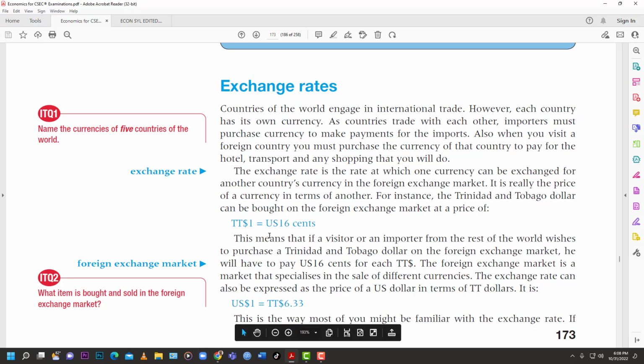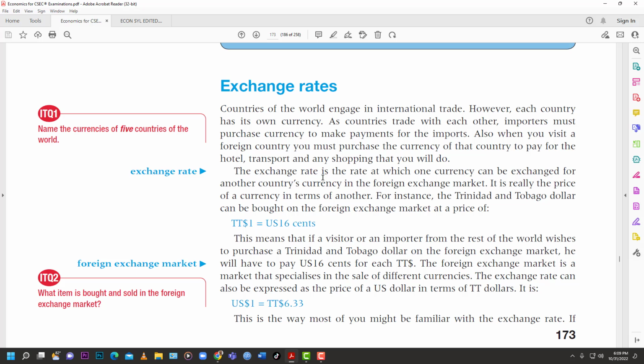Like right here where I live, we don't really accept TT or Jamaican or Bahamian dollars. It's either US, Canadian, pounds, euros, right? And so you have to go and buy the currency that you require. I mean, the greenback, the US dollar, is the universal money of doing business. So if I want to import something from overseas, from America, I have to convert my currency into US currency, right?